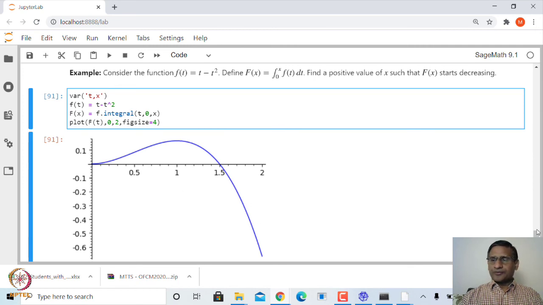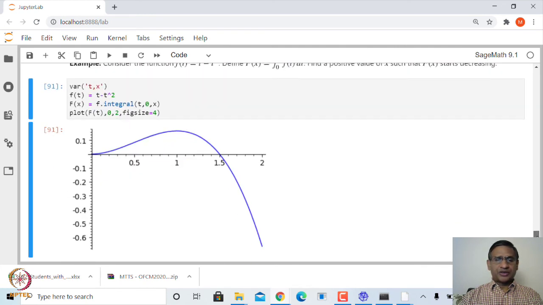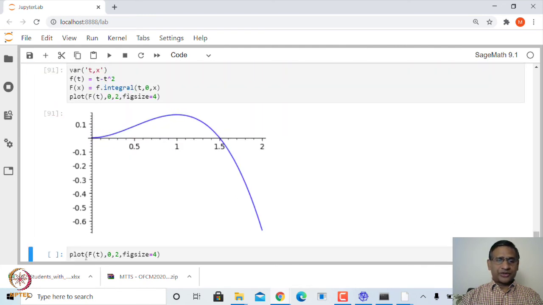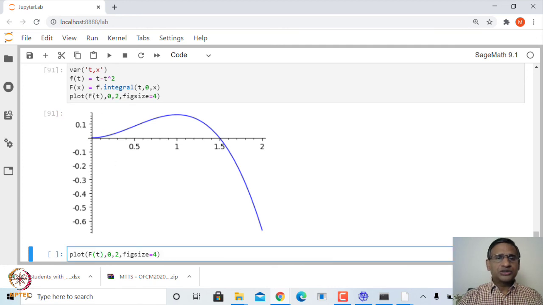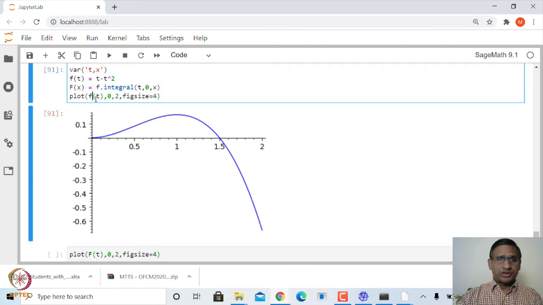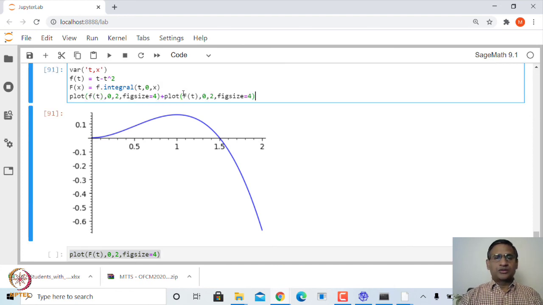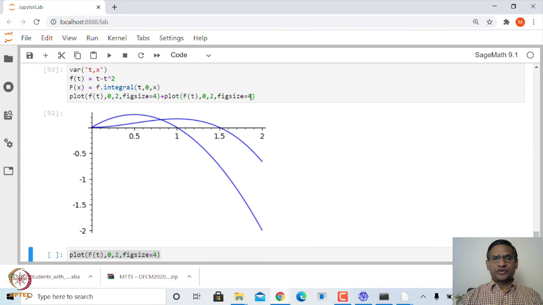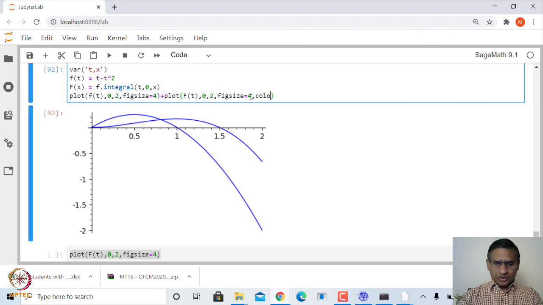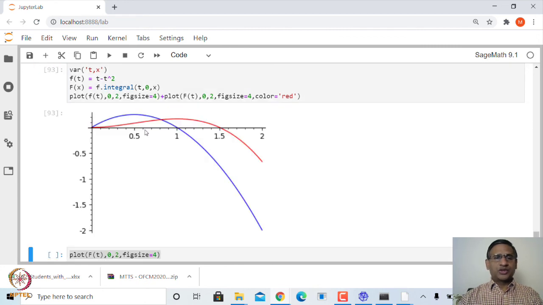Let us plot small f and capital F together, so that we can compare. Let me put this in red color. The blue one is the graph of the function, and the red one is the graph of the indefinite integral capital F(x).